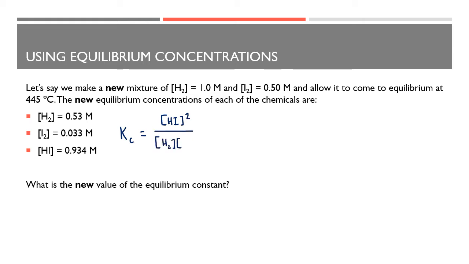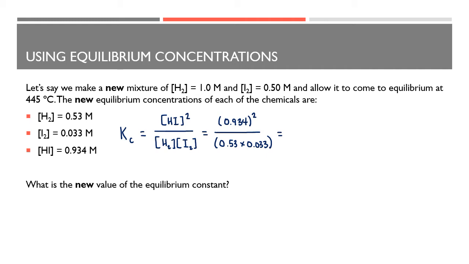So we have different equilibrium concentrations because we started with a different mixture of ingredients. We had different quantities of our ingredients. So we're going to plug these numbers into the same equilibrium constant expression, do the multiplying and the dividing, and what we end up with is 50.